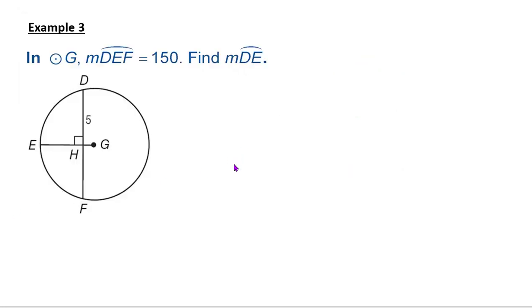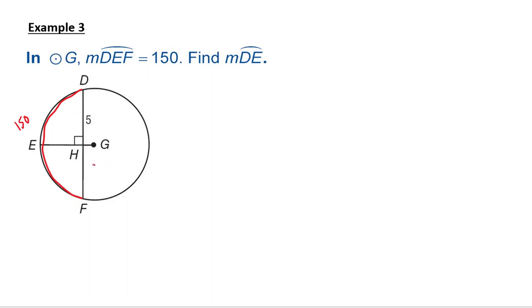Okay, in circle G, the measure of arc DEF is equal to 150. So let me write that in there. That's 150 for this whole arc. Find the measure of just arc DE. Well, I have a radius, which is part of a diameter, perpendicular to a chord.